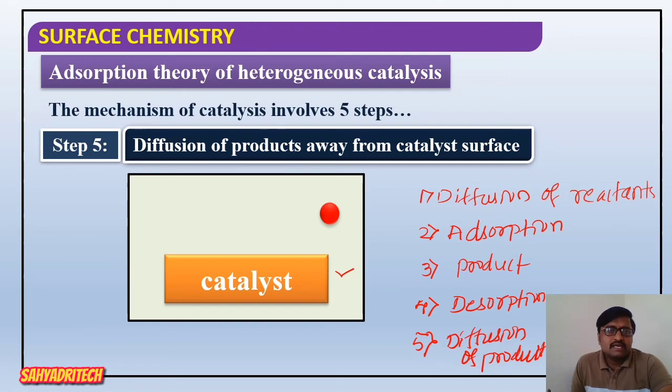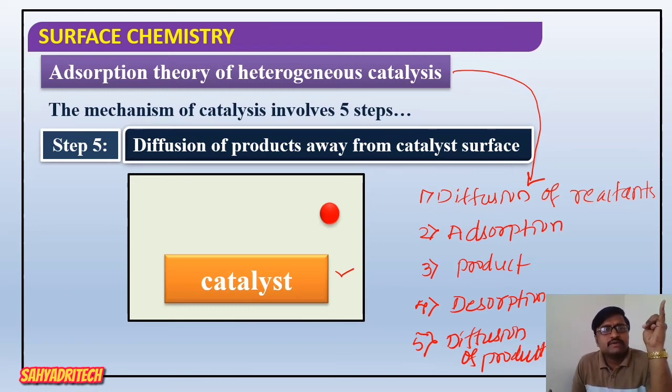Well, is it clear? So if I consider adsorption theory of heterogeneous catalysis, the mechanism according to this theory involves how many steps? 5 steps. First one, diffusion of reactants on the catalyst surface. Second, adsorption of reactants on a catalyst surface. Third step, formation of product through intermediate.